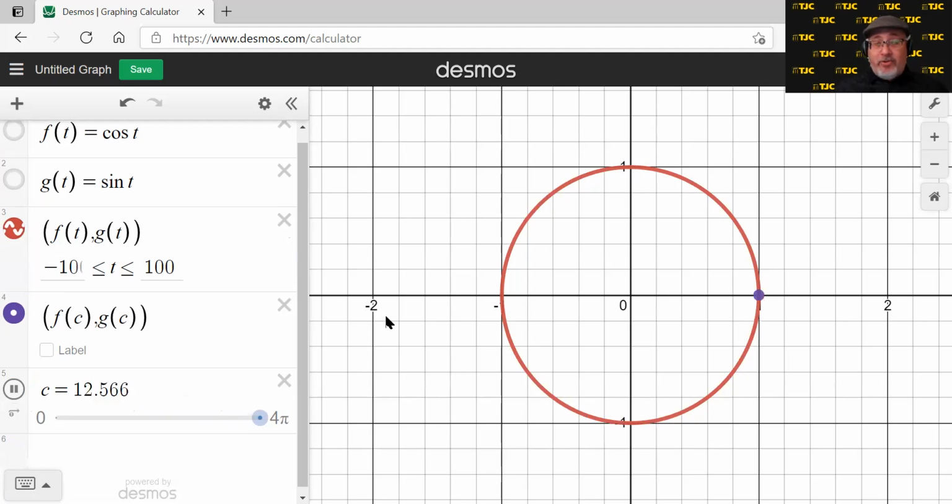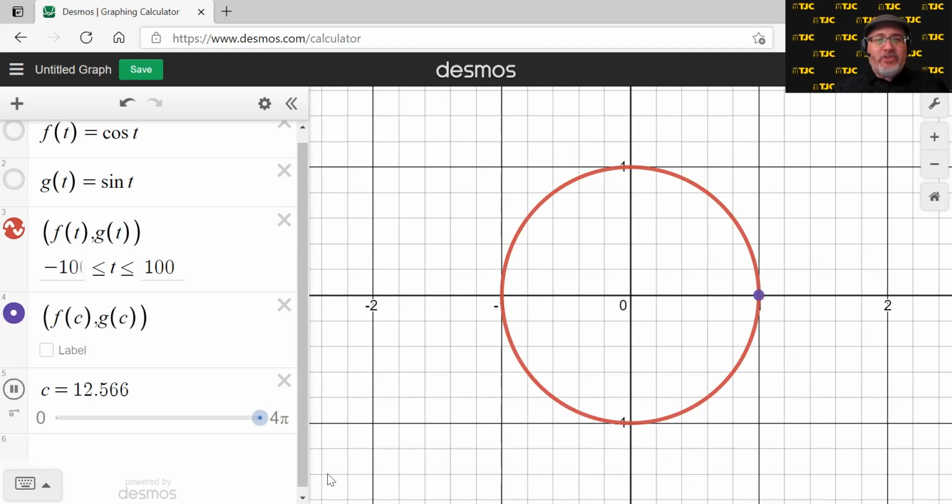Excuse me, it'll be 2 revolutions because 1 revolution is 2 pi. Duh. Okay, so this does precisely what we thought it would do. It starts at 0 radians, and it just keeps going around the circle. Because remember, in this parameterization of the circle, t is really just representing the angle associated with that point on the circle.